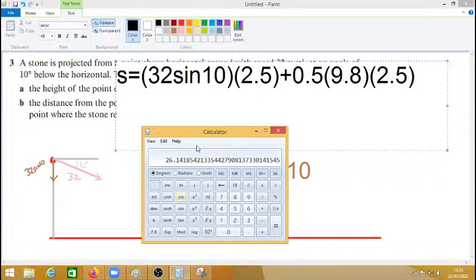So you should end up with a distance of 26.141. I'm just going to check that on a proper scientific calculator that I've got next to me. You can check it as well.